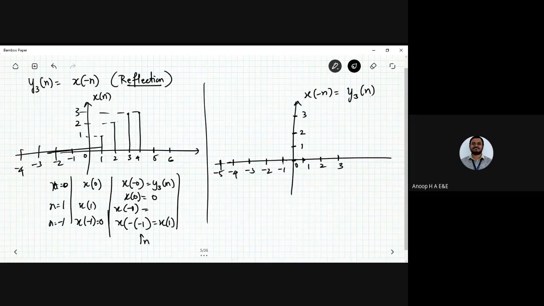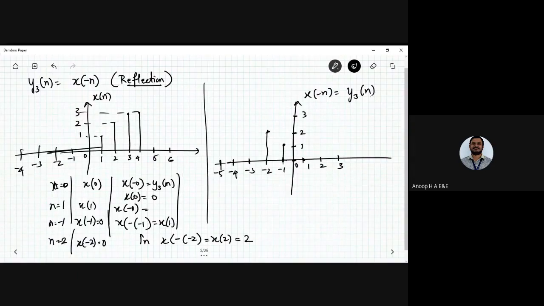At n equals minus 1, you are going to have a value of 1 here. Now n equals minus 2, that is x of minus 2, that is x of 2, that is equal to 2 here.